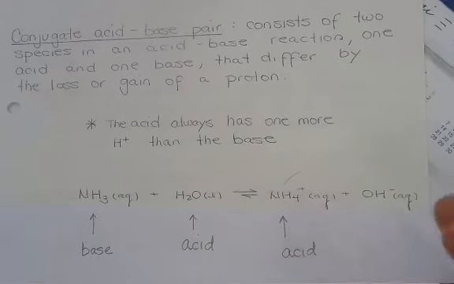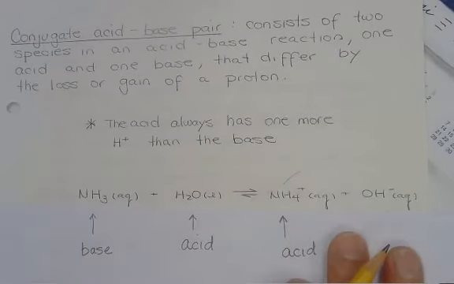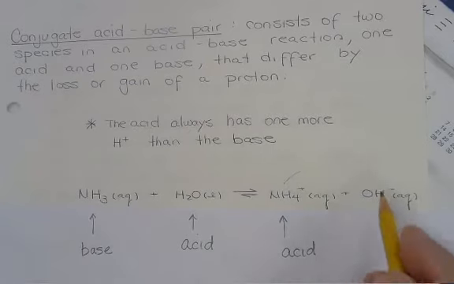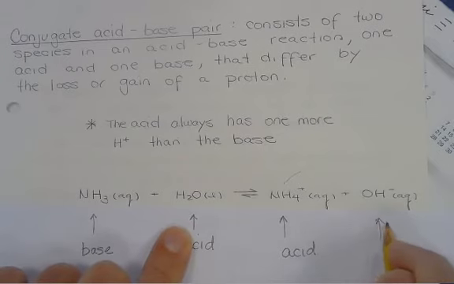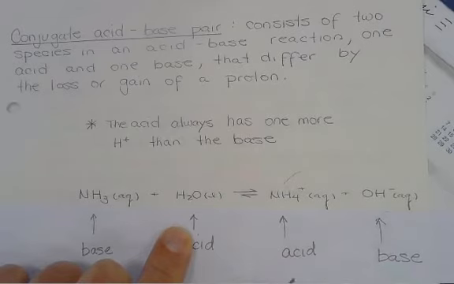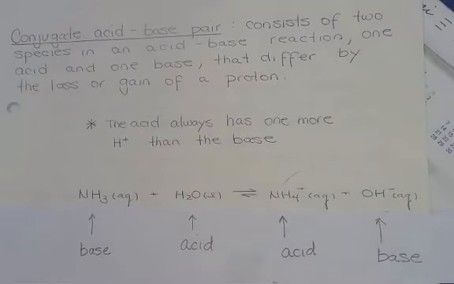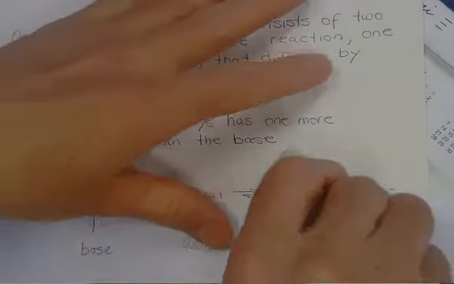He's acting as an acid when the reaction goes backwards. What about hydroxide? What was hydroxide's experience? Going backwards, hydroxide accepted a proton from ammonia, so that makes him a base, because a base, according to Bronsted-Lowry, is a proton acceptor.